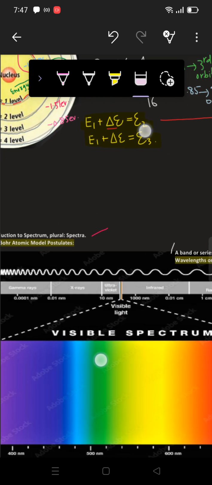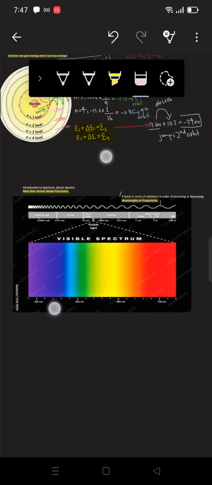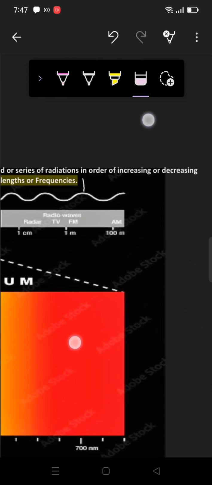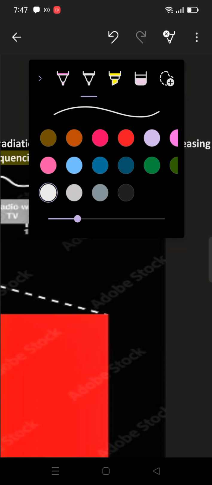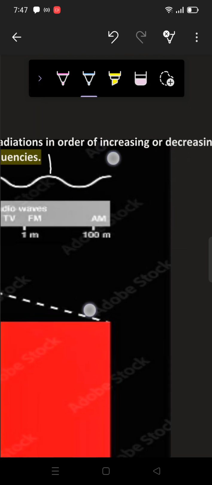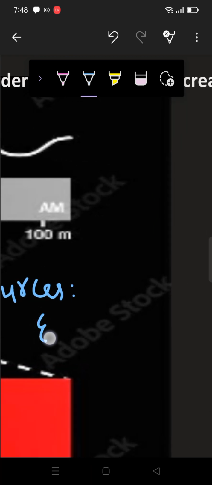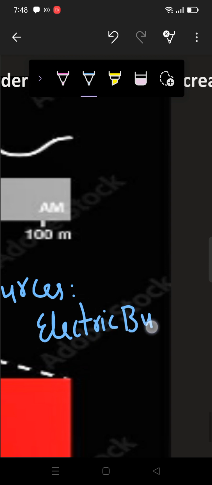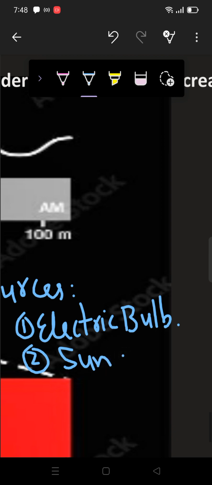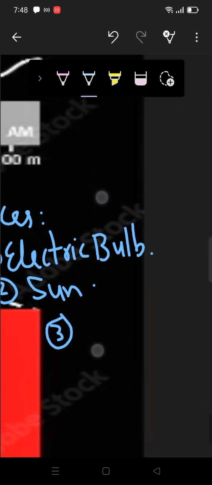So let me write the sources here. Sources can be an electric bulb, the sun as well, and a burning flame too.